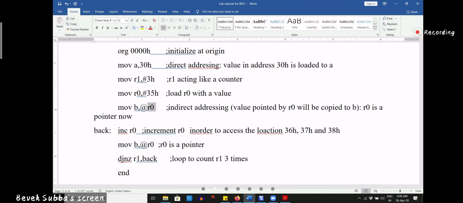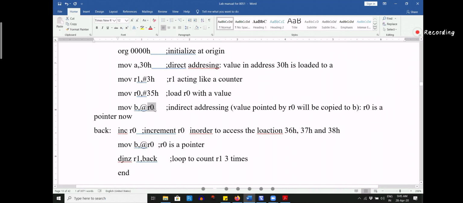It is like a pointer. The value at the location pointed to by R0 will be copied to register B.